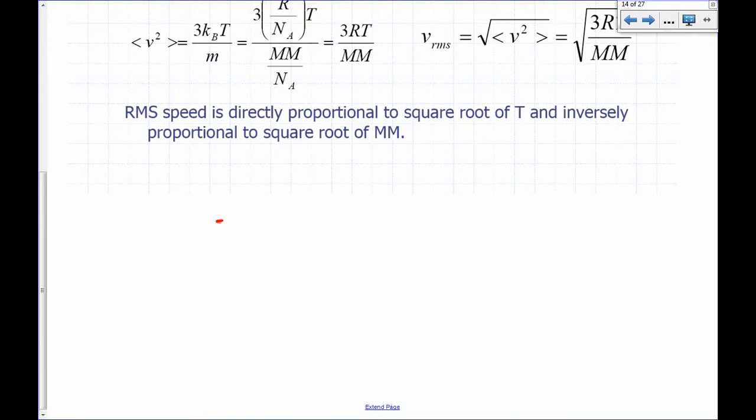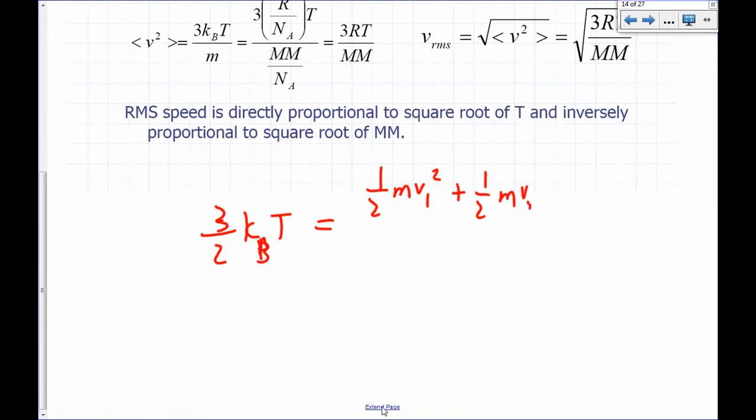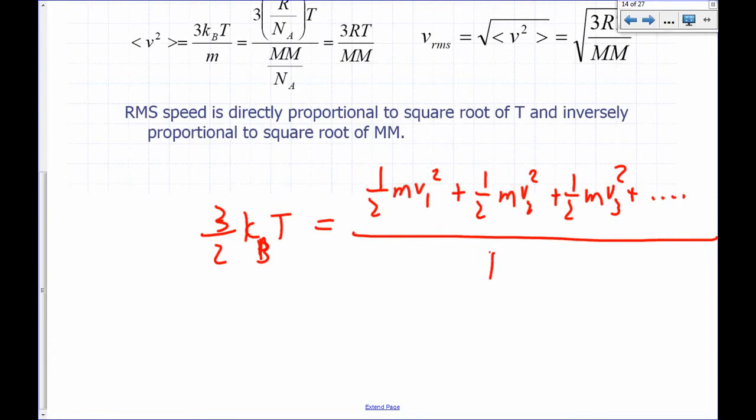If we say the average kinetic energy is 3/2 kT, that is 1/2 m v1 squared plus 1/2 m v2 squared plus 1/2 m v3 squared, and so on, divided by the total number of molecules.